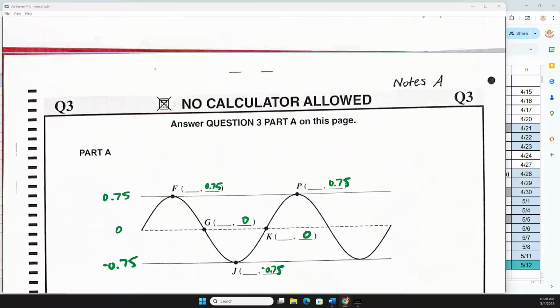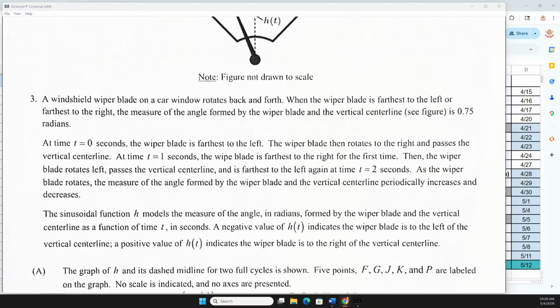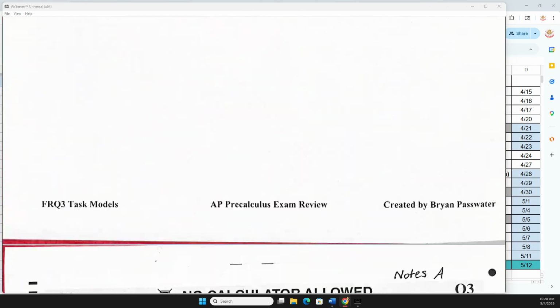All right, so a period is a full cycle of wiping. So if it starts at the left and back to the right and back to the left, that's 1 period. So how long is the period? Yeah, period's 2 seconds.